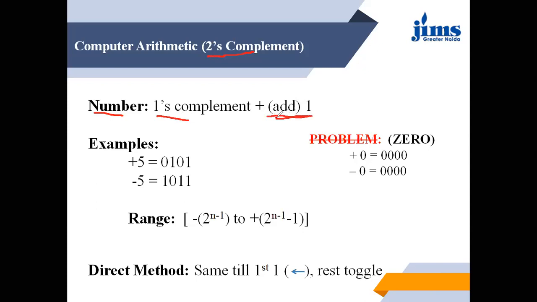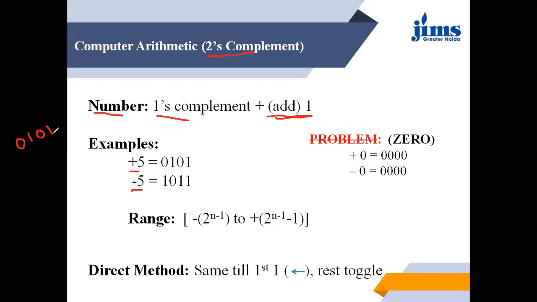For example, I have to write -5 in 2's complement. To find -5, I first write +5. So this is the representation of +5.